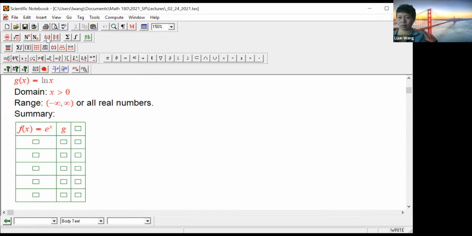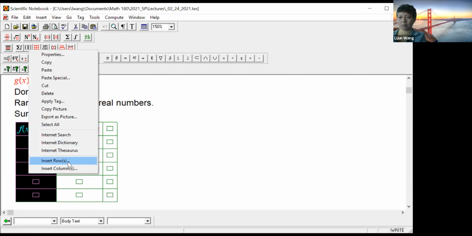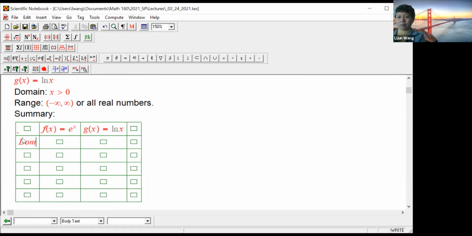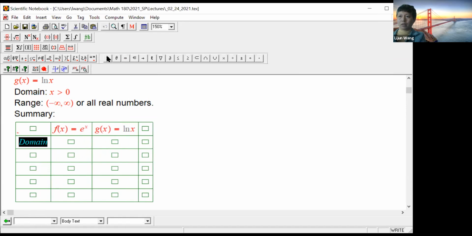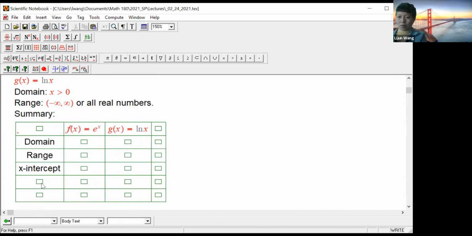And g of x equals ln x, right? And we want to know its domain, range, x-intercept, y-intercept.